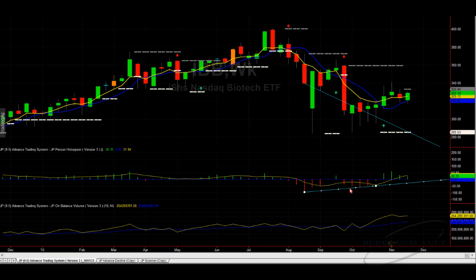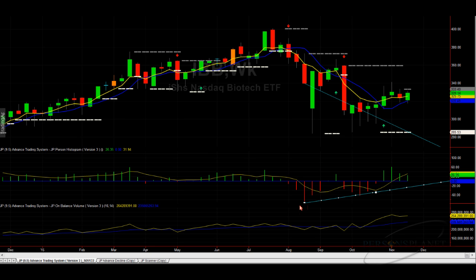The momentum histogram has a higher reading. So if these two trend lines, as you can see, are doing what? The trend lines are converging. So when I say bullish convergence, what I'm referring to is that there's an indicator of some kind that's projecting higher low readings, and price is projecting lower price readings, and it's converging.